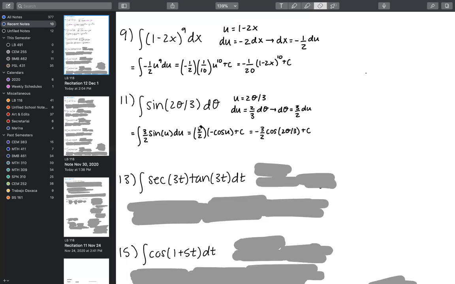And so if you're not someone who can look at this off the bat and think, oh, I should have a 3/2 out front, and a negative to account for the fact that this is positive sine, not negative sine, if you don't see this and right away the wheels start turning, then I would definitely recommend that you use this u substitution.